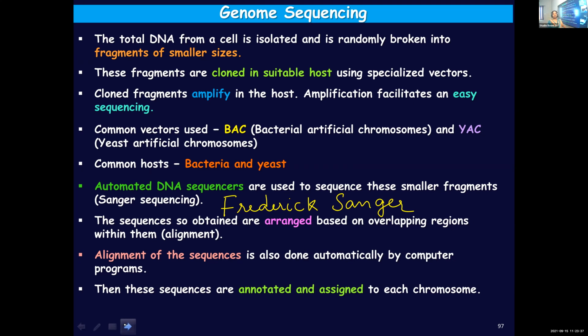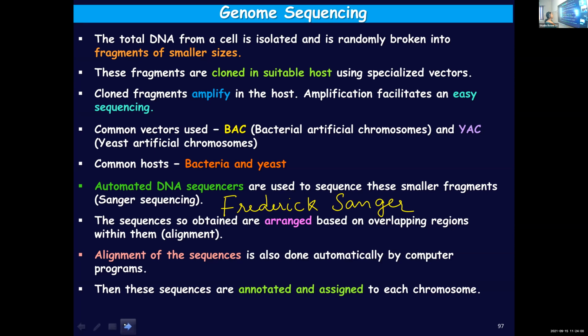So this particular gene or segment or DNA sequence, it is part of which chromosome? We have 23 pairs of chromosomes, and into which particular chromosome this sequence belongs to. So all that will be determined after that. It is not as easy as we say, but these are the basic steps involved.